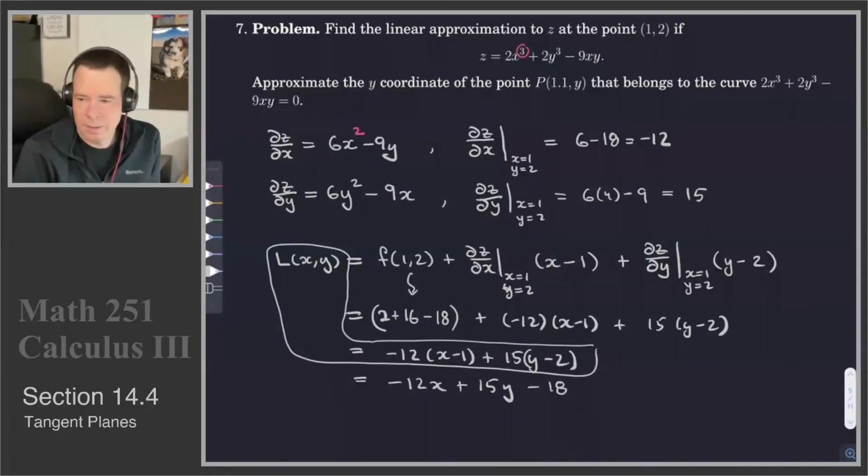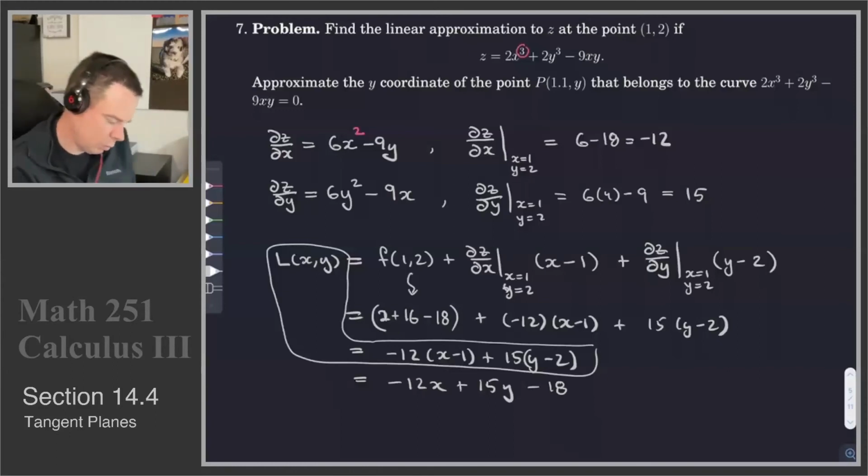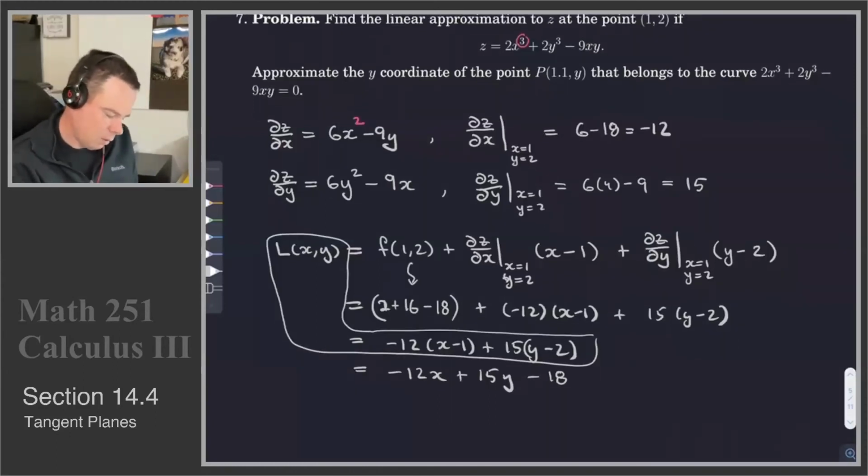This one I kind of like a little bit better because ultimately I'm going to maybe be interested in knowing what happens as I take my x and y value a little bit away from 1 and 2, and leaving it in terms of these differences might be nicer, might be easier to work with, but we'll see. So there's our linear approximation.